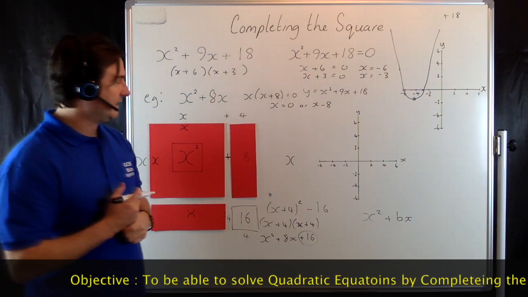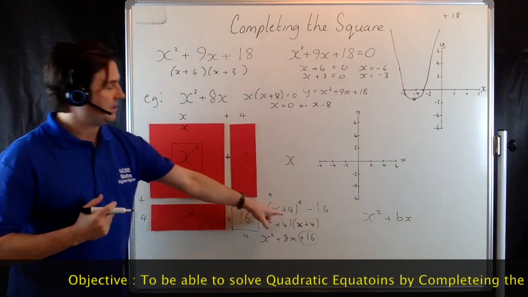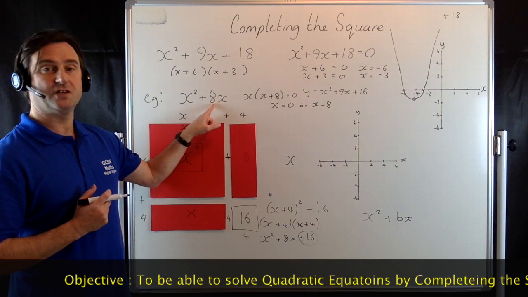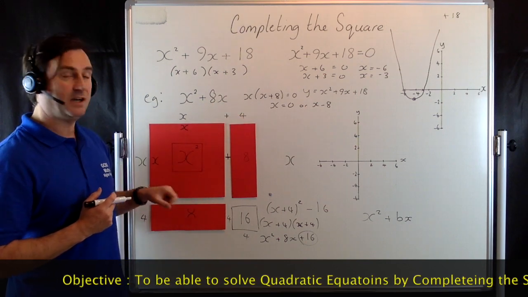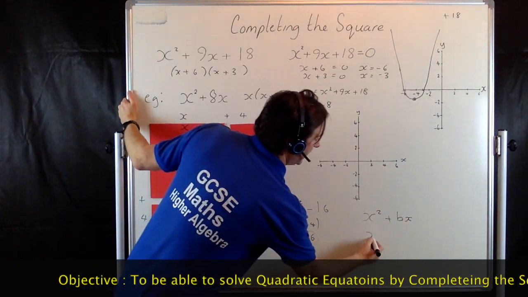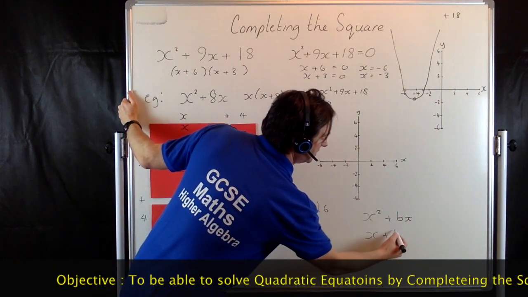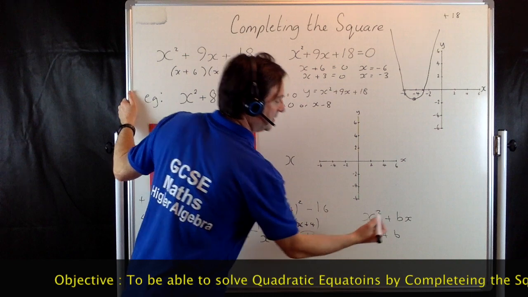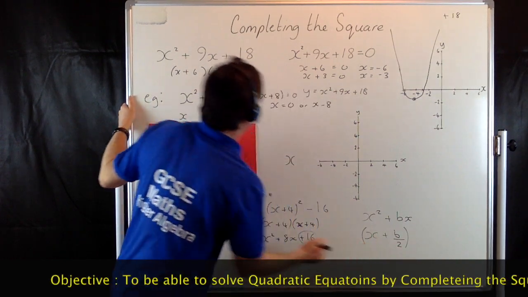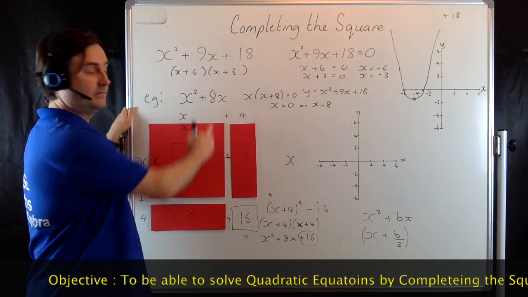What I can see here is this part here, the 4 inside, is actually half of what it was originally, because I split this in half. So the first part I'm going to write is x plus, and it's not going to be b anymore, it's going to be b divided by 2, because remember, I've halved it.